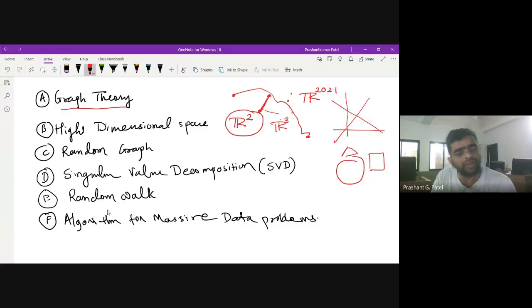And there are various other real-life problems you can discuss on a random graph. When you study a random graph, that means it is a graph which is generated in a random way. It is randomly generated.